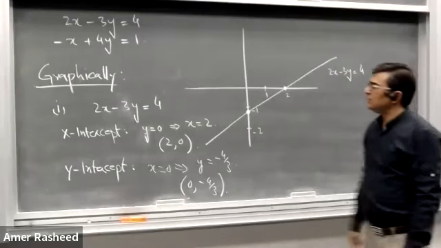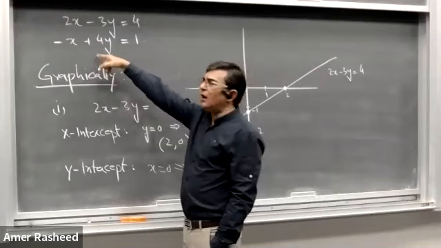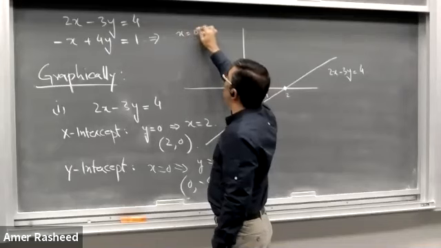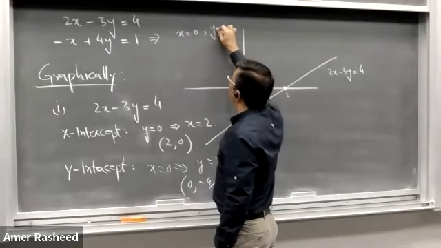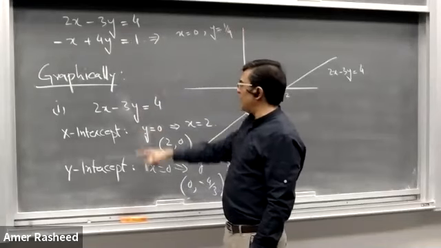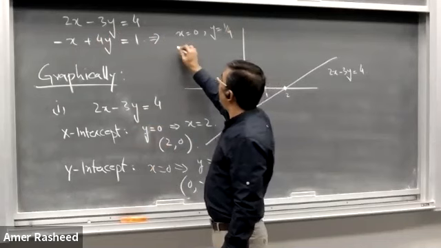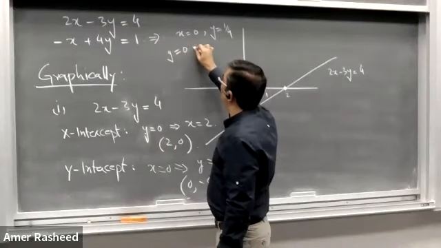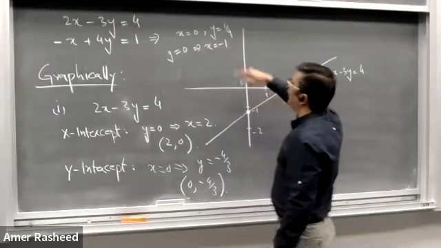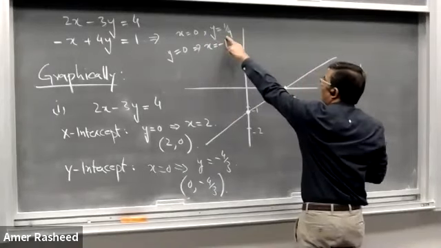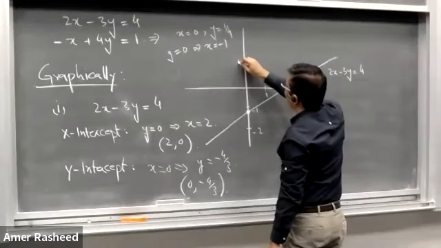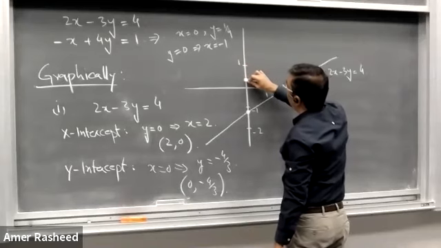Now, the other line, how we can plot it similarly? You just put x equal to 0, what will be the value of y? 1 by 4. If we put x equal to 0 here, in order to calculate the y-intercept. And if we put y is equal to 0, we get x is equal to -1. So we have 2 points here, 0, 1/4, 0 is here, if 1 is here somewhere, so 1/4 is somewhere here.